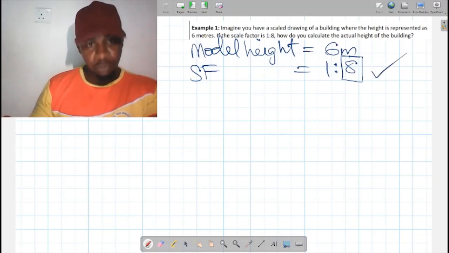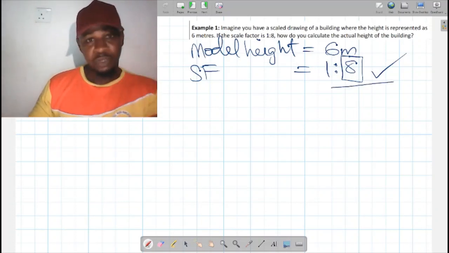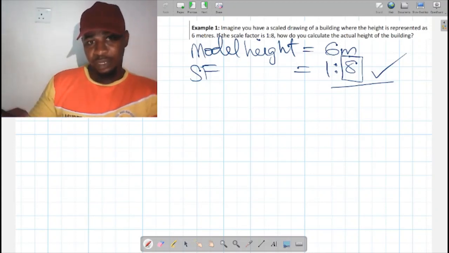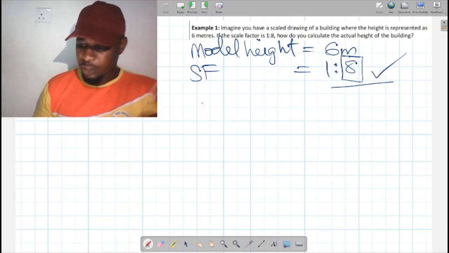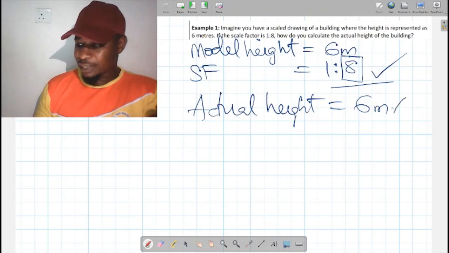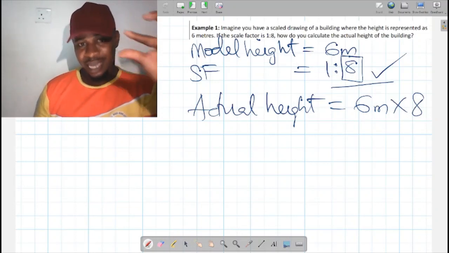So since we know the model height and we want to increase it to the real height, by a factor of 8, we just multiply by 8. To multiply is to increase. To divide is to decrease. The one we want to calculate has to be greater, so we have to multiply. So in this case, we say the actual height is the model height times the scale factor. But in this case, we are picking the most important number in the scale factor, and that is just 8.